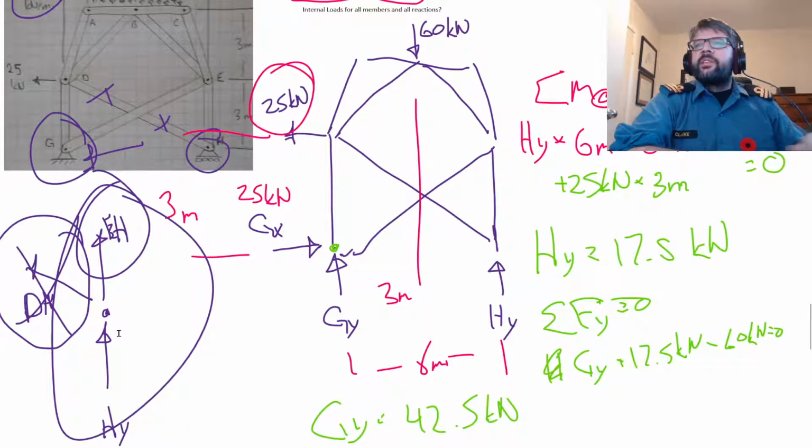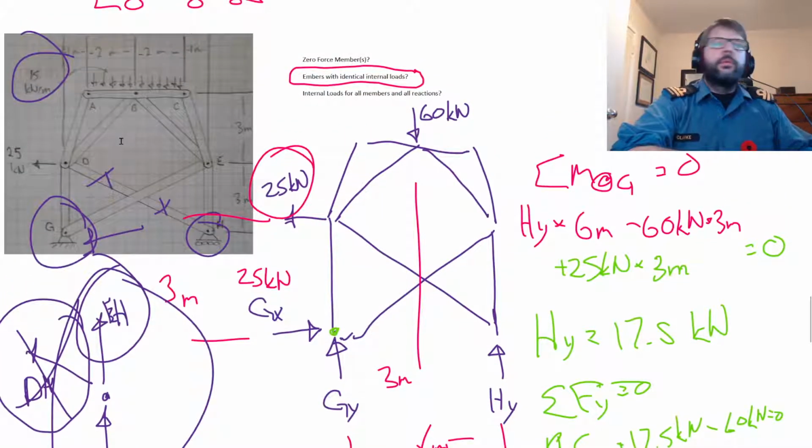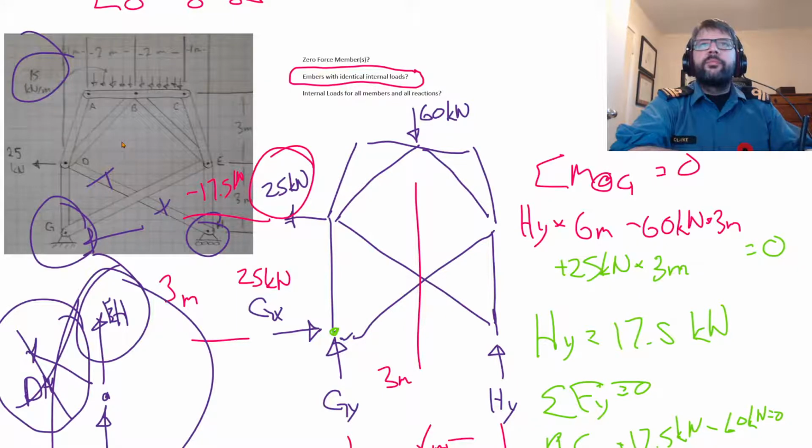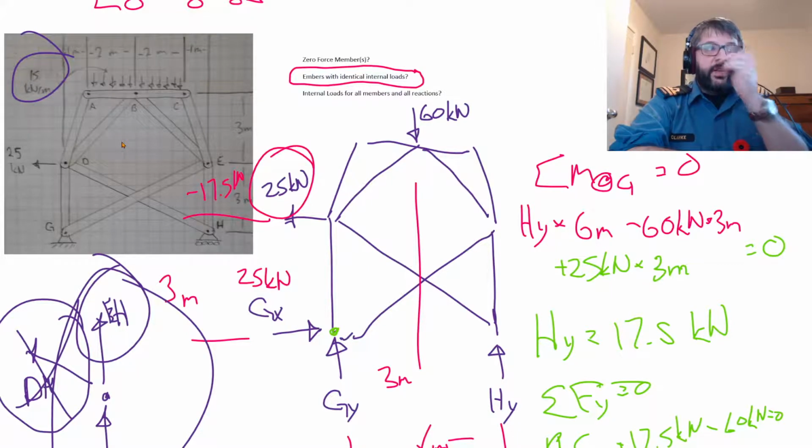I'm gonna write down a few knowns here. So again, this is negative 17.5 kilonewtons internal there. I'll just jot down the lengths of these members.